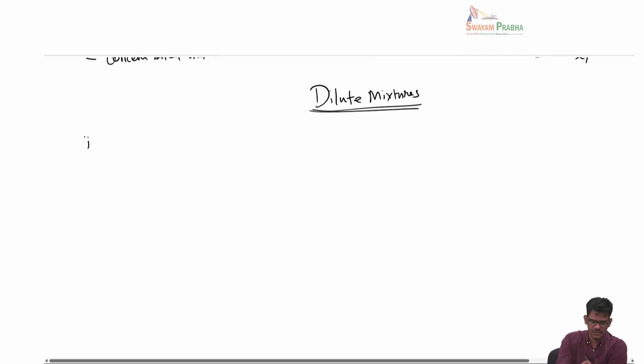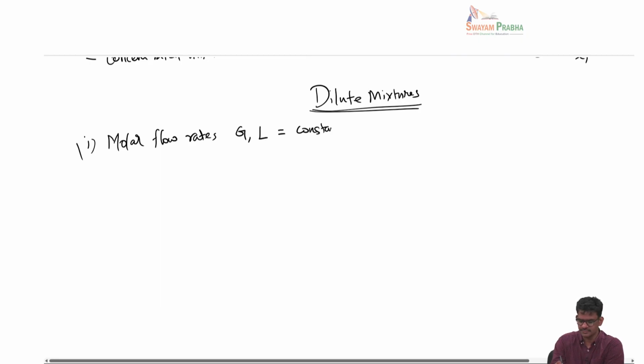First of all, the molar flow rates, that is G and L, they will remain almost constant. So you don't have to deal with this solute free basis for these calculations. Okay. So the compositions are so low, they are very dilute, that the variation in the molar flow rates of the gas or the liquid is almost a constant. So we can treat them as constant.